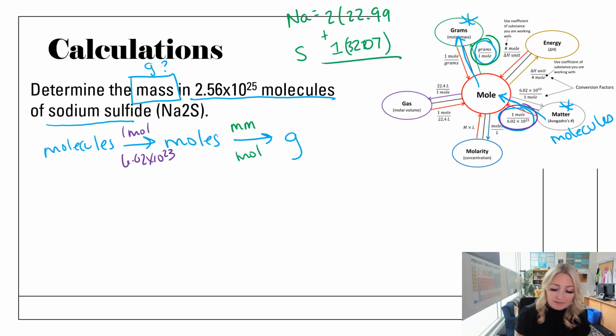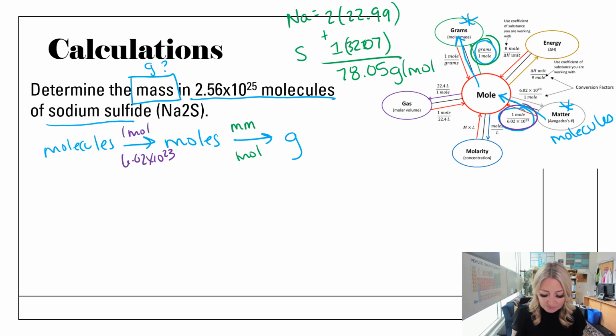Okay, so 2 times 22.99 plus 32.07 is going to give me 78.05. And I'm maintaining 2 decimals for this, grams per mole. It's a molar mass, so it's a ratio.